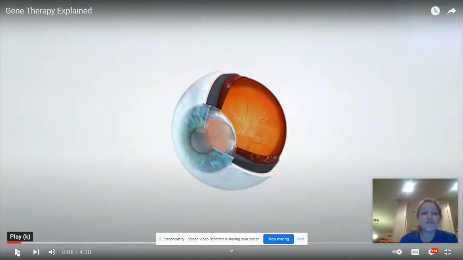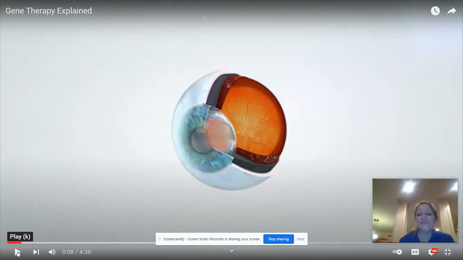So instead of treating a disease with medications or other therapeutics, what they will do is isolate the gene that is causing the disease or the problem, and put a correct code into a viral vector or into some stem cells and deliver the correction to the cells at that level.